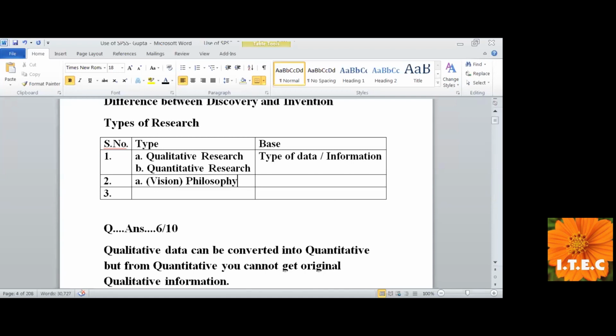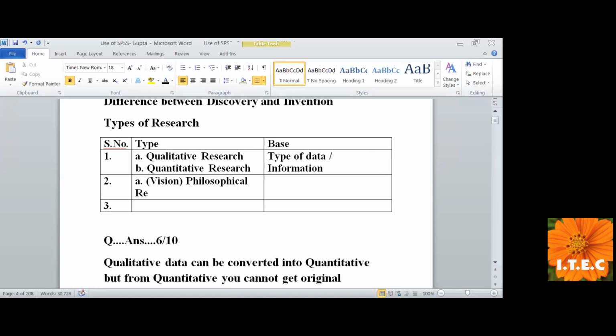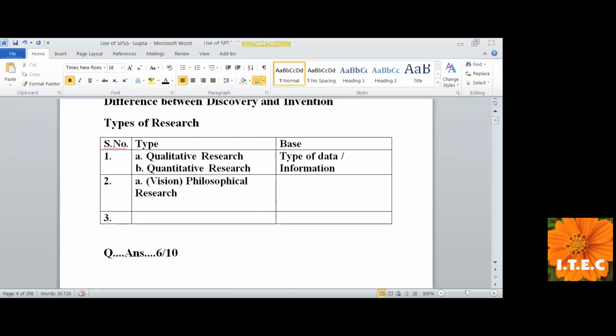So this is philosophical research. If you want to study the vision of any person, that means you will be doing philosophical research.